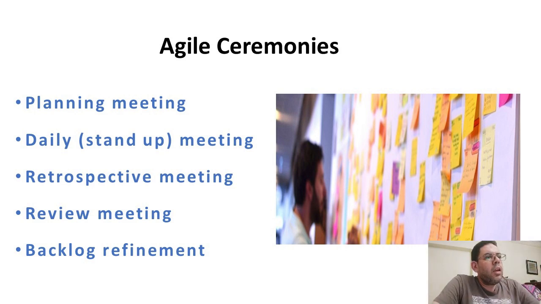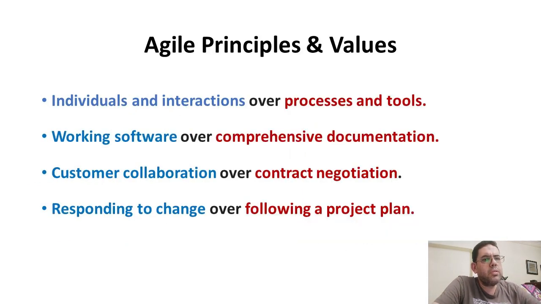Okay. So using these tools and these ceremonies and these meetings, we can achieve the agile methodology and the agile value. Then we have the agile principles and values. Here we have the 4 main values, but there is also something named a charter, the Agile Manifesto, which has 10 main principles, and those 4 values summarize the Agile Manifesto.